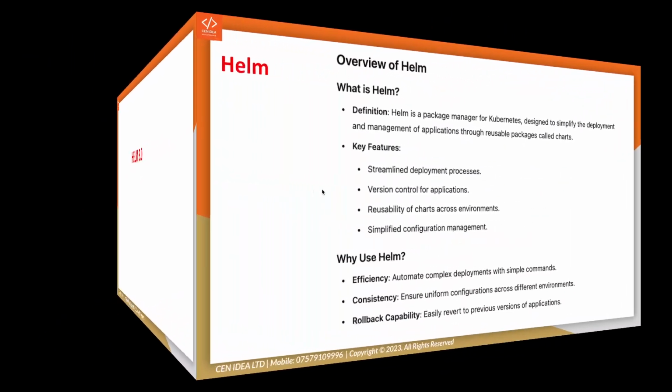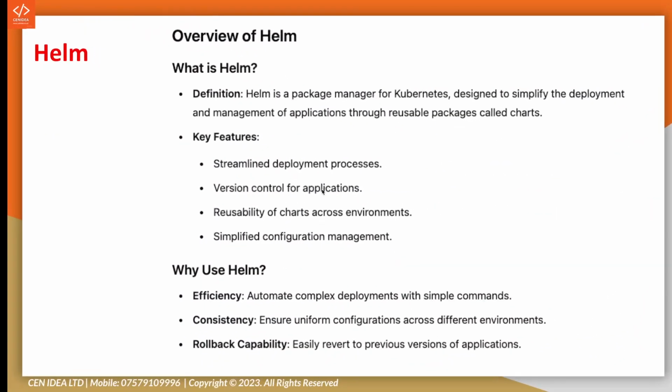It will be on Helm. So what exactly is Helm Chart or Helm? Obviously, the definition is that it is a package manager for Kubernetes. It is designed to simplify the deployment and management of applications through reusable packages called charts.